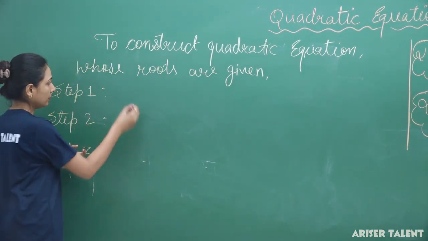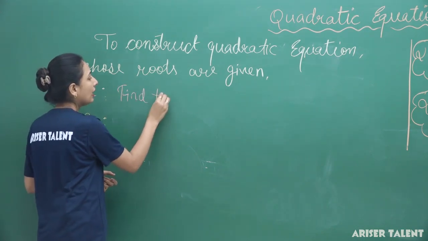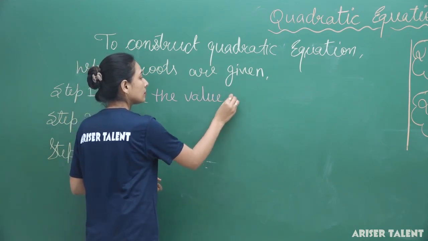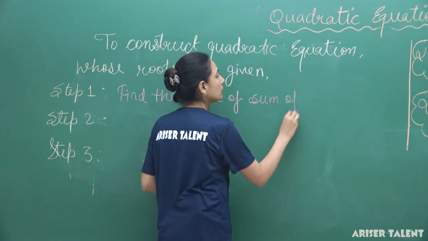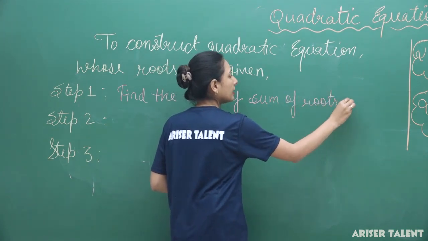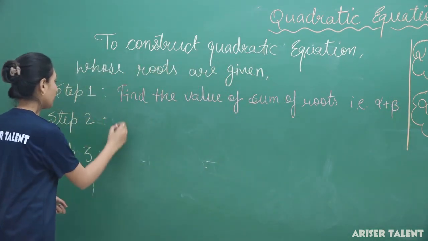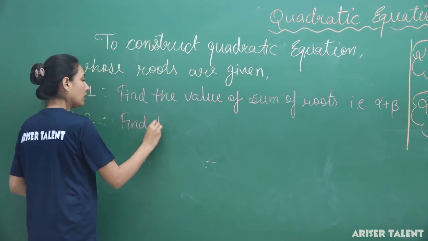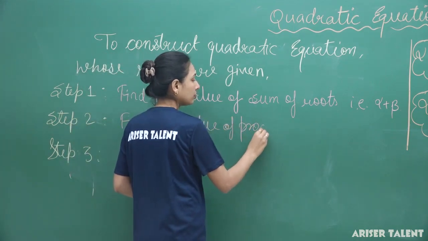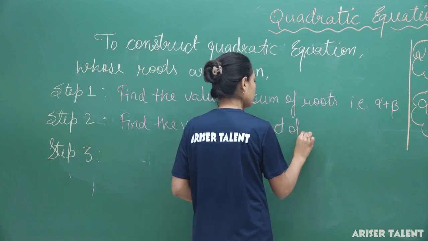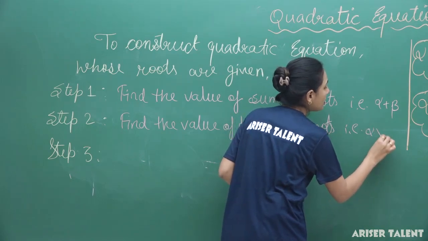The first one, find the value of the sum of roots, that is alpha plus beta. Then find the value of the product of roots, that is alpha multiplied by beta.